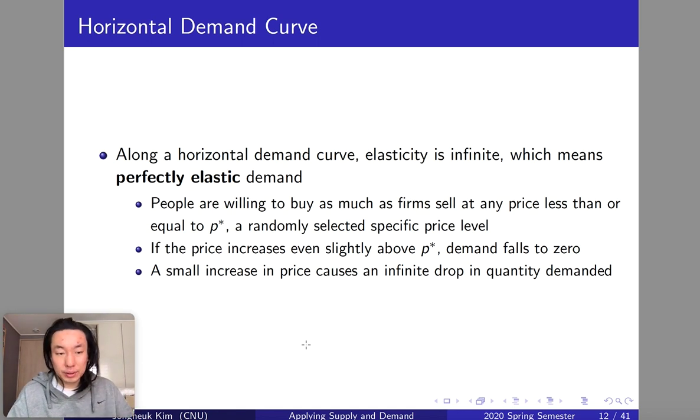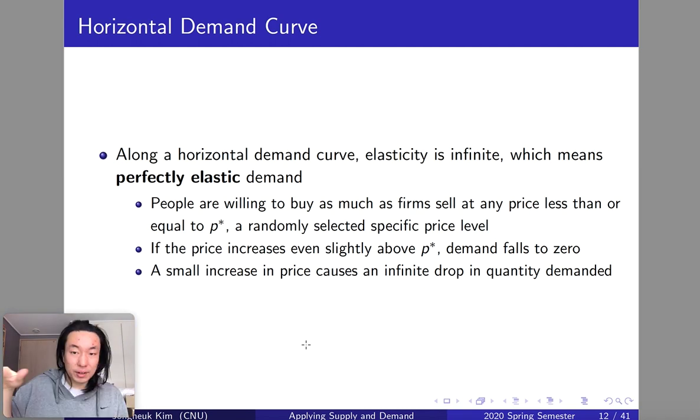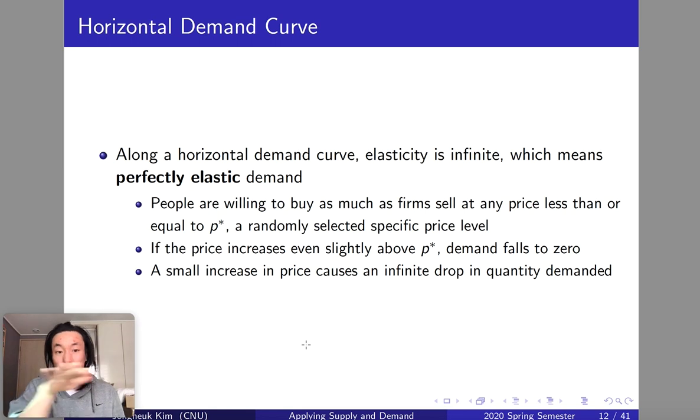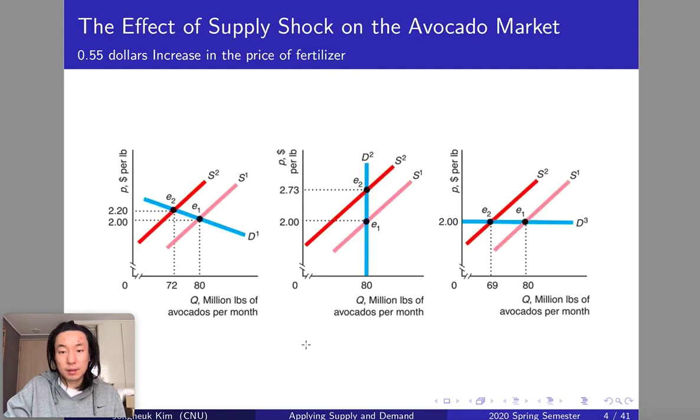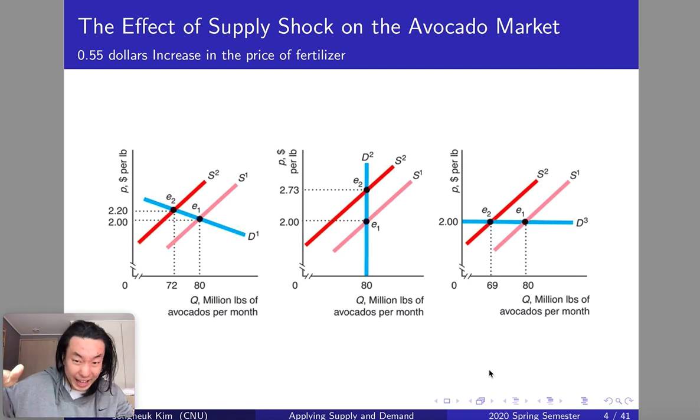So from our first graph, we can compare all 3 graphs, and we saw that there is one horizontal demand curve. A horizontal demand curve is called a perfectly elastic demand curve because, in the third graph here, D3, a small change in the supply curve causes a huge change in the equilibrium quantity, because the demand curve is really flat, right?